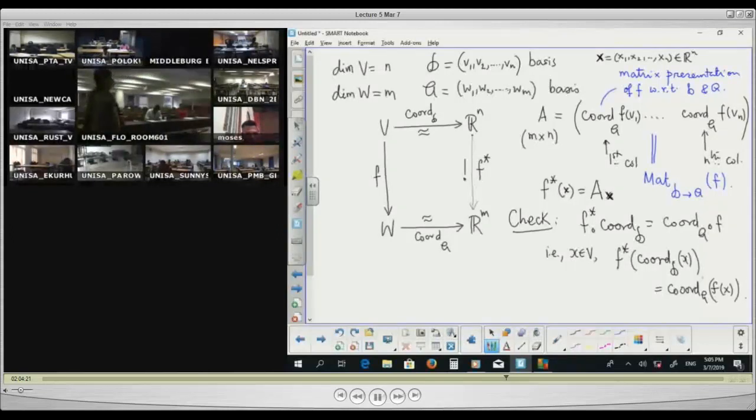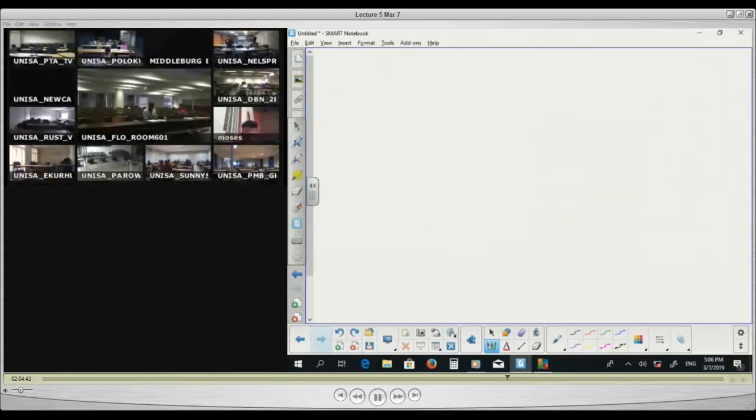But let's see. I'll quickly say something. Now, this therefore tells us completely what the linear transformations from Rn to Rm are.